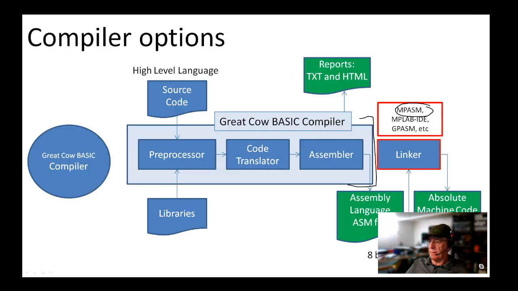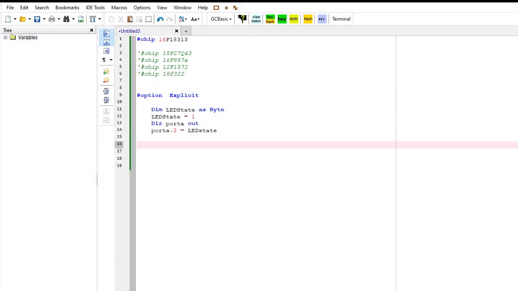Let's look at the code I produced in preparation. I've produced a very simple file. Let's just go through it. I've specified my chip, and all I'm going to do is turn the LED on. I've got Option Explicit, which means I must define my variables.